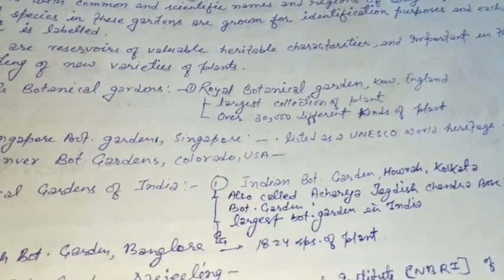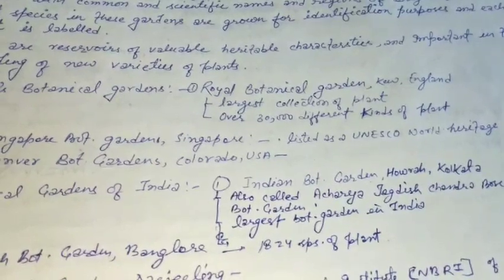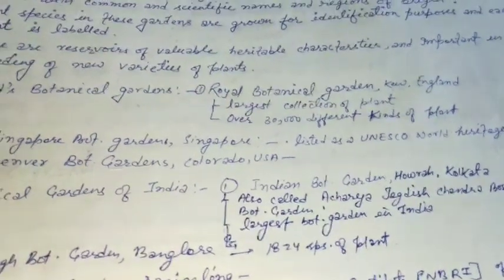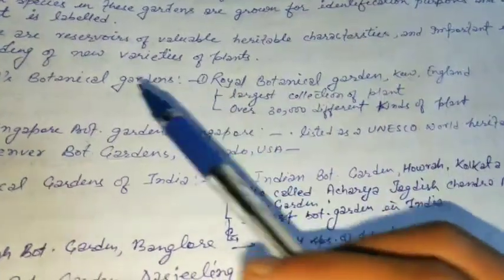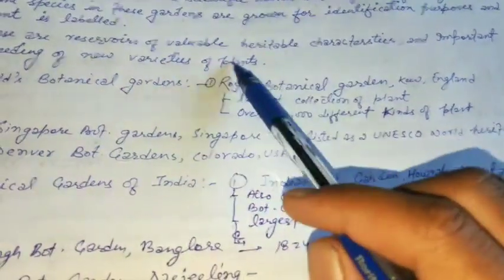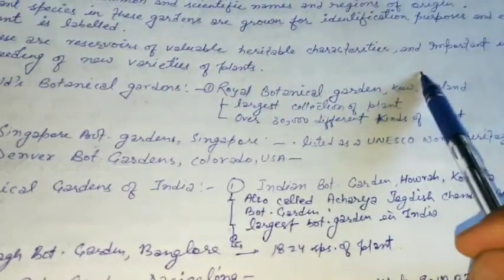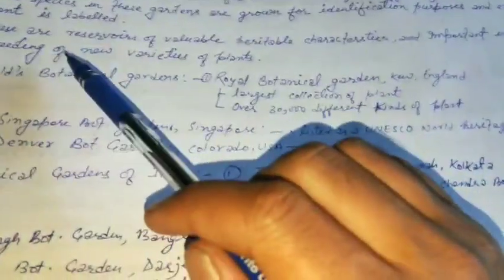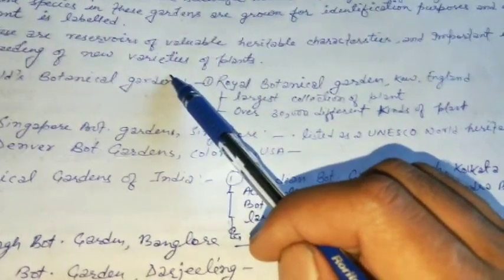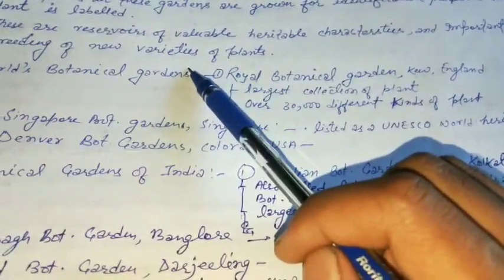Rare plants are usually placed within a botanical garden, and new plants can be generated from them. So these are reservoirs of valuable heritable characters and important in the breeding of new varieties of plants. Botanical gardens are also very important for plant breeding programs.